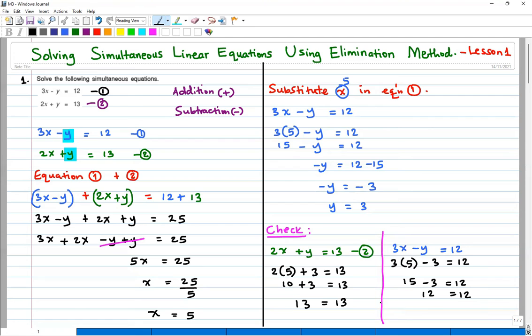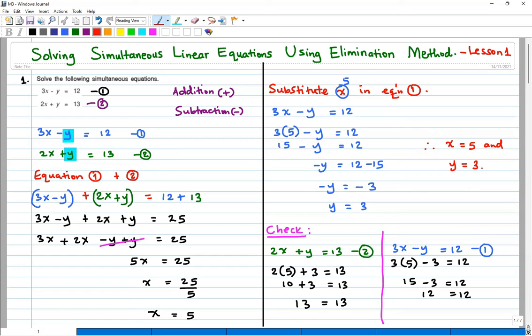You see? So still you can see that our equation is true. Now it therefore means that x is equal to 5 and y is equal to 3. Now, that is how we use elimination method.